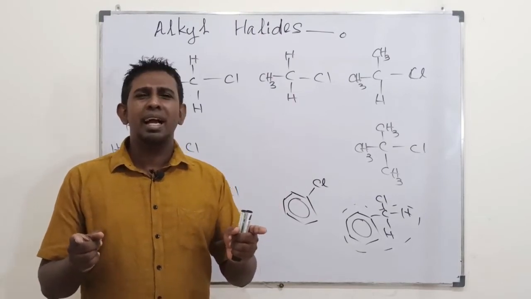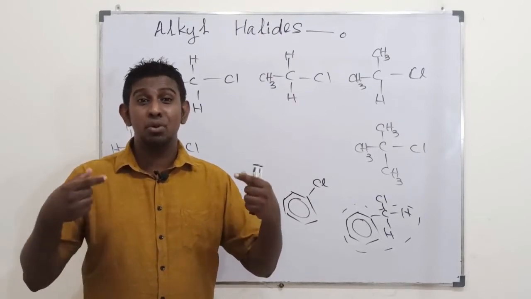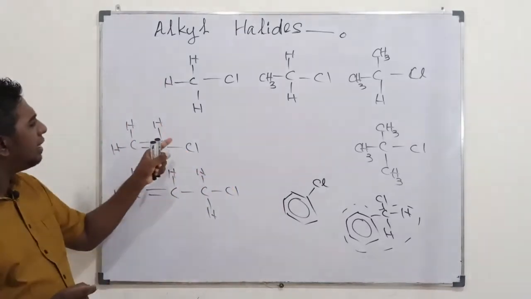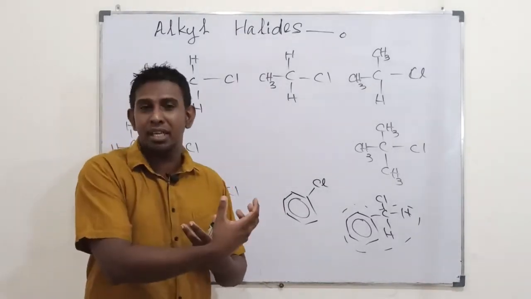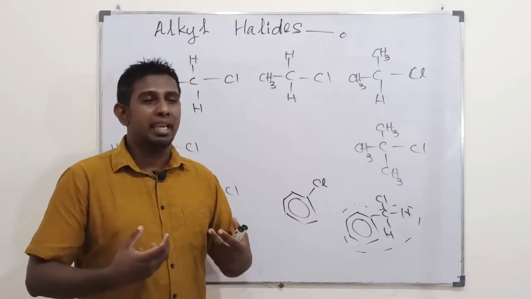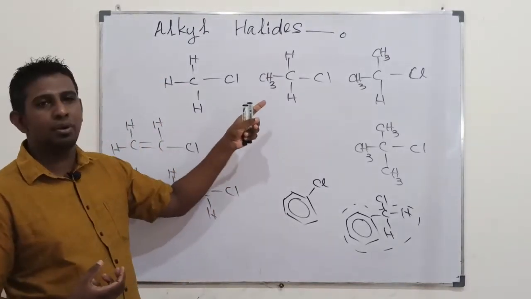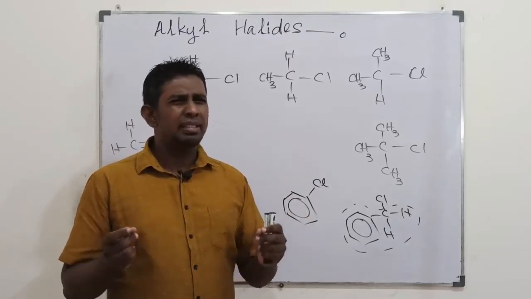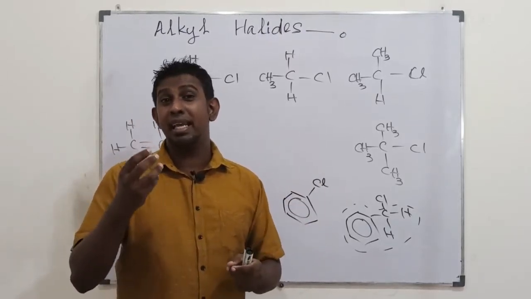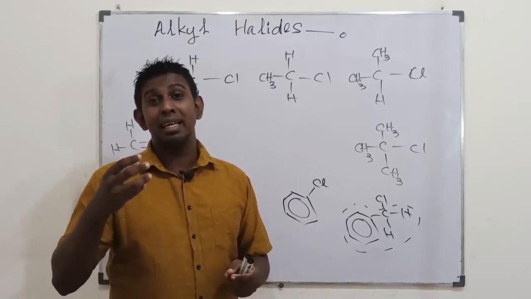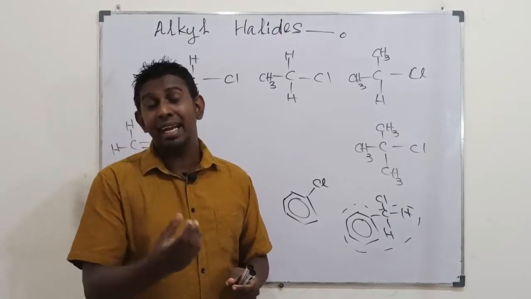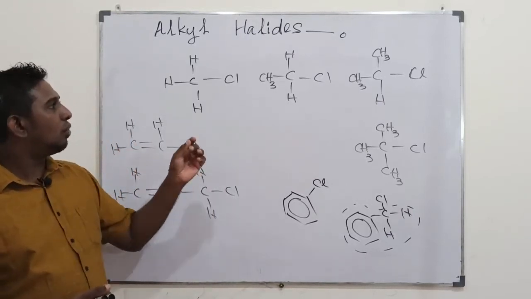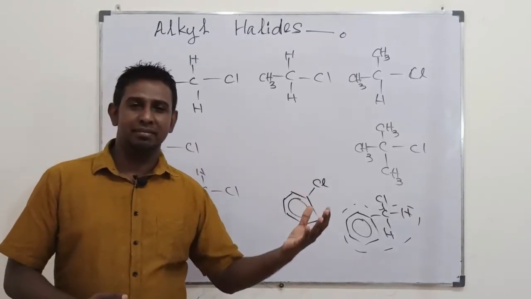But we can't understand those reactions if we do not know how these halogen atoms differently leave, or their different leaving ability. When I say different leaving ability, you might have got the idea that they are leaving differently.